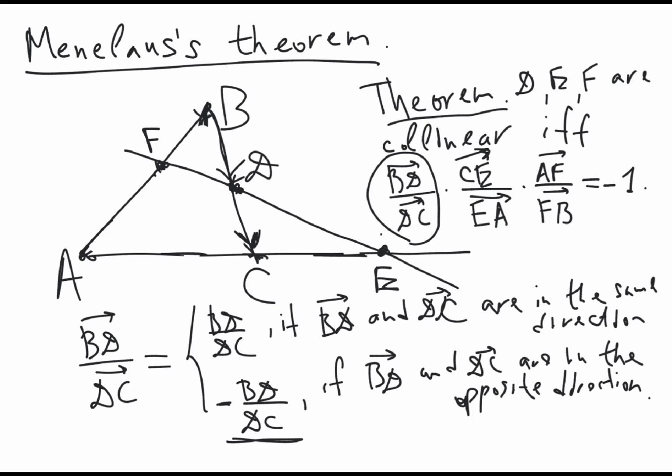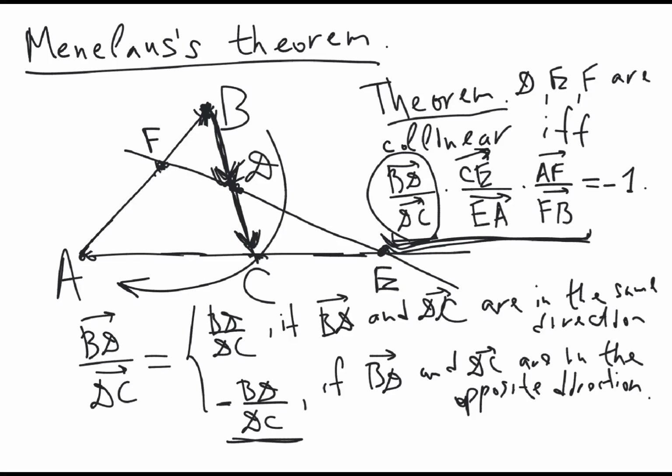For this product, the easy way to remember it is to start from a vertex of the triangle, let's say vertex B, and go clockwise. We go by each side to the next vertex, and for each side we have a ratio, where in the middle there is the point that is on this side or on the extension of the side.